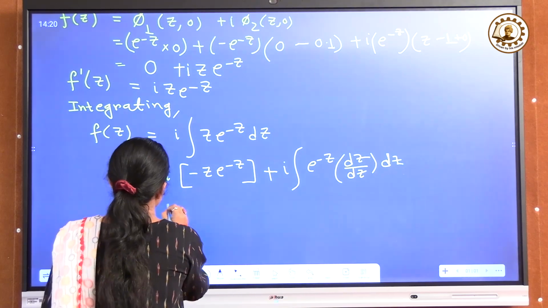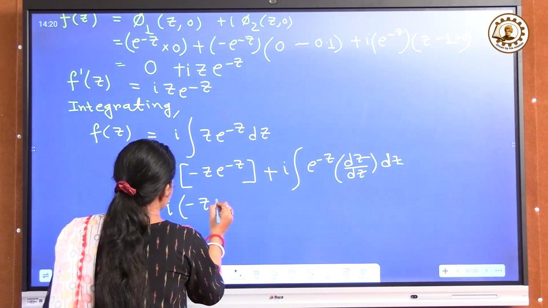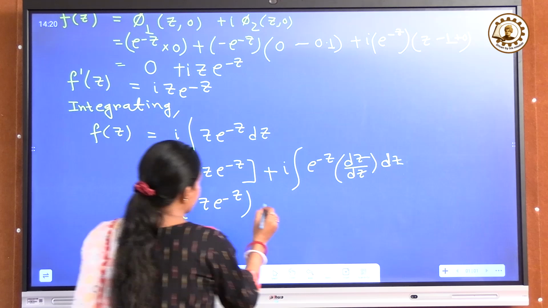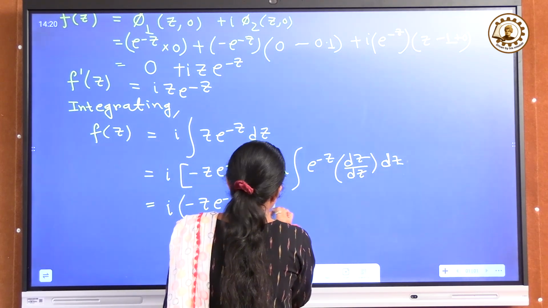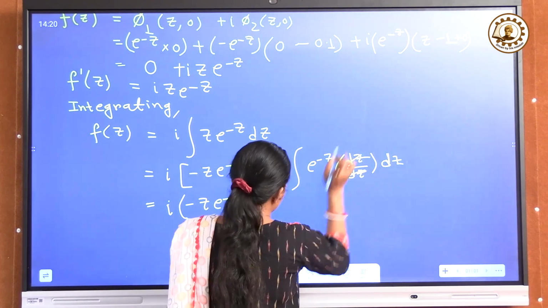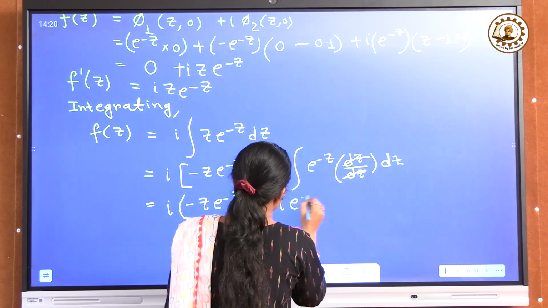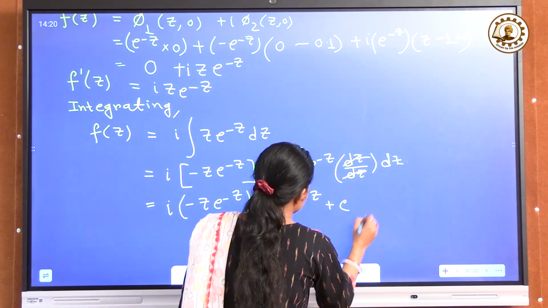So our result is i times minus z e to the power minus z, minus i e to the power minus z, plus c.